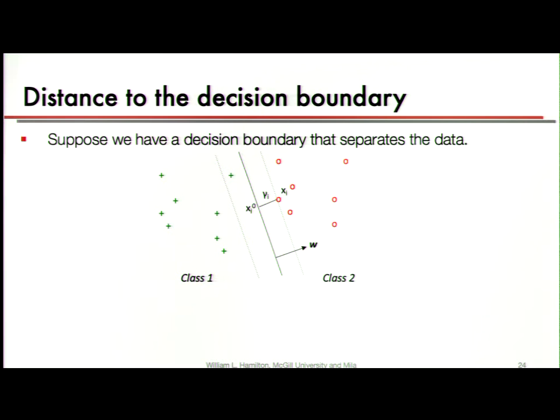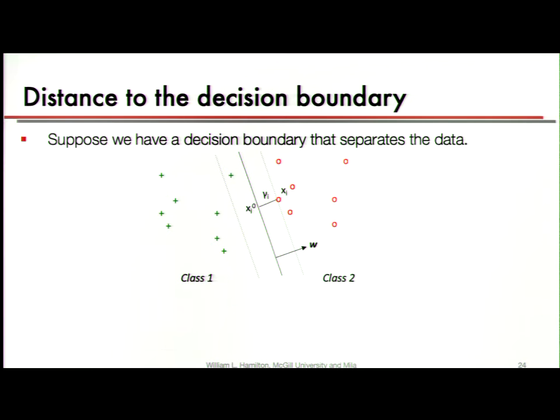So suppose now that we have a decision boundary. Now we're going to think about how to actually compute this margin so that we can figure out how to maximize it. So suppose we have a decision boundary that separates the data. Shown here, our decision boundary is going to be this line here, and our W vector is the normal to this decision boundary.